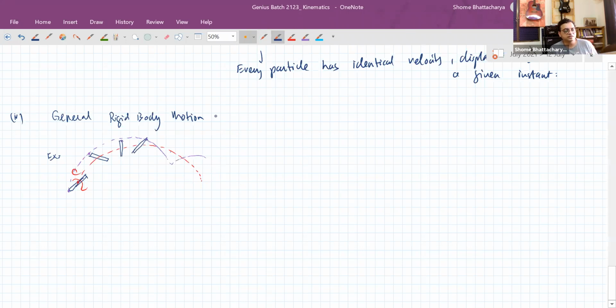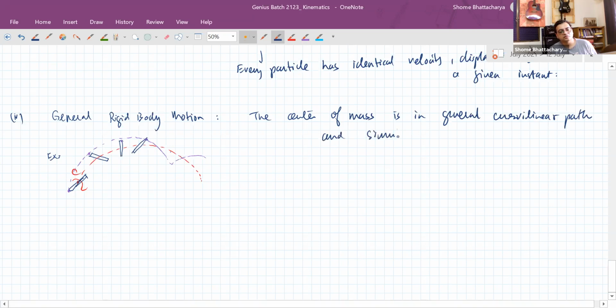So in general rigid body motion, what is happening is that the center of mass is in general curvilinear motion, and simultaneously, the body is in rotation about an axis through its center of mass.